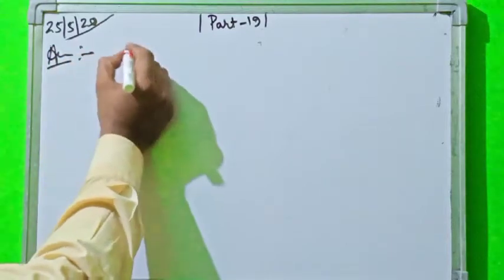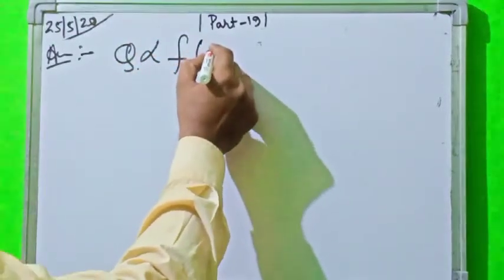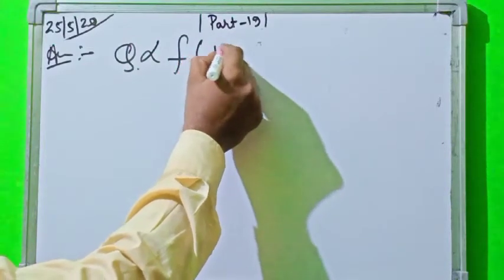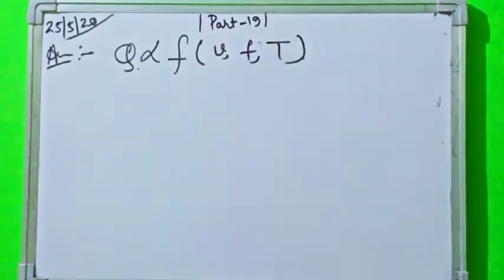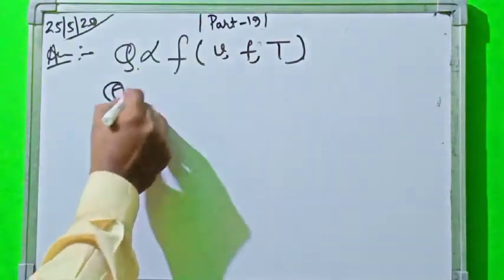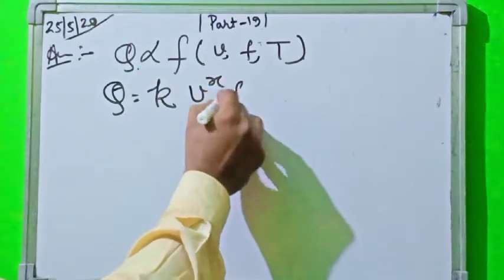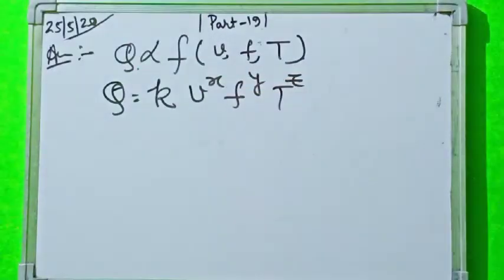Let that physical quantity be supposed Q, and it is proportional to a function of the dimensional formula of velocity, force and time T. So Q is proportional to K, V to the power x, F to the power y and T to the power z.